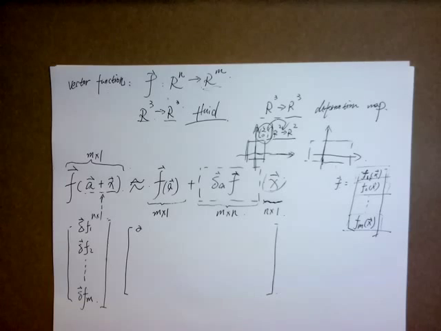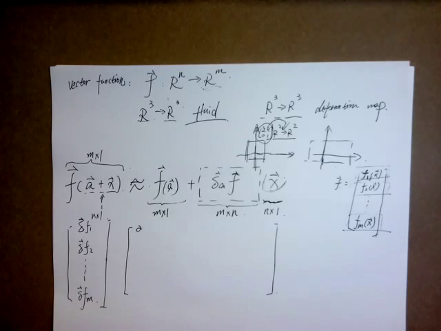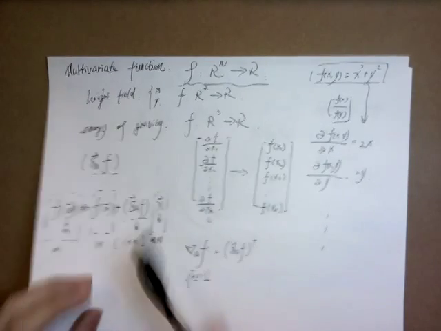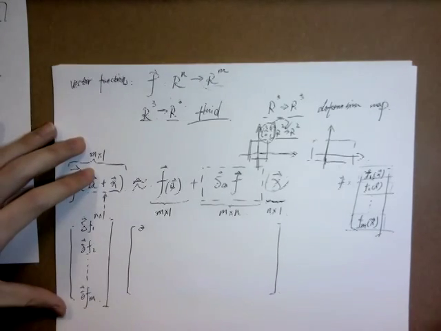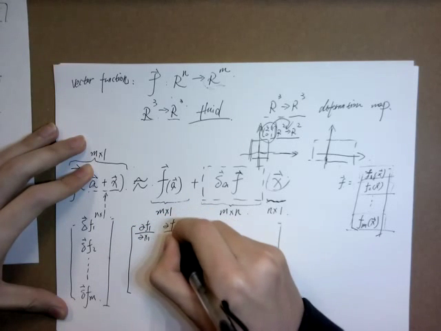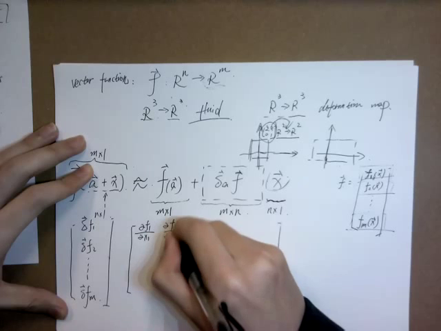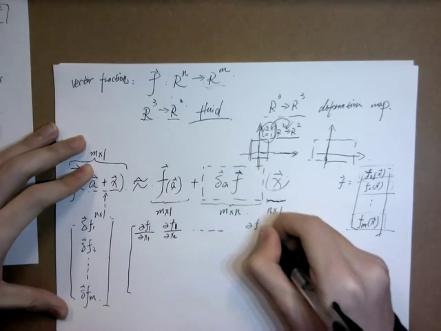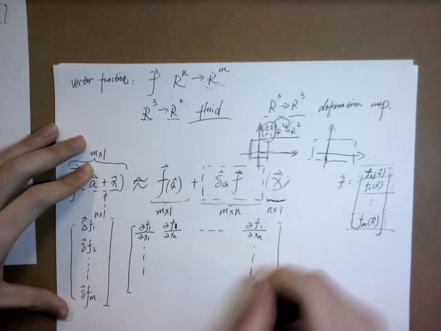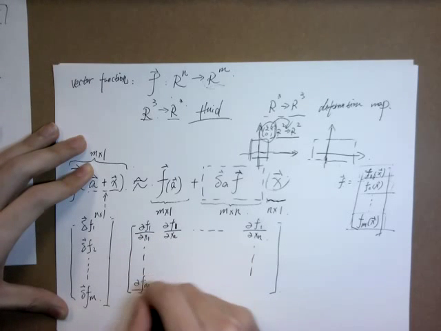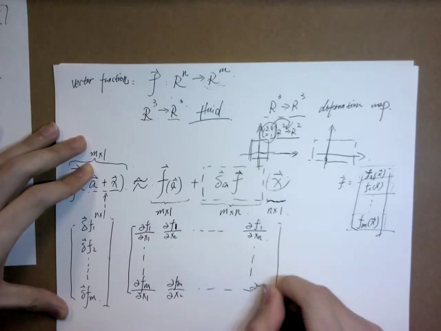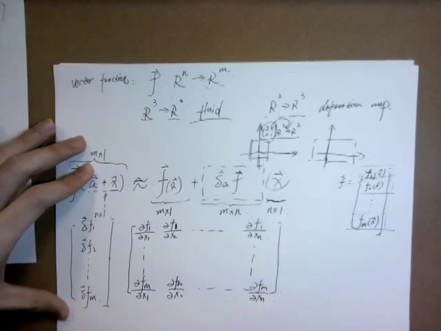Then we can use the same thing that we derived before, just doing the partial derivatives one by one. So this is f1 partial x1. This is f1 partial x2, and so on, to f1 partial xn. And the last row will be fm partial x1, fm partial x2, and so on, to fm partial xn.